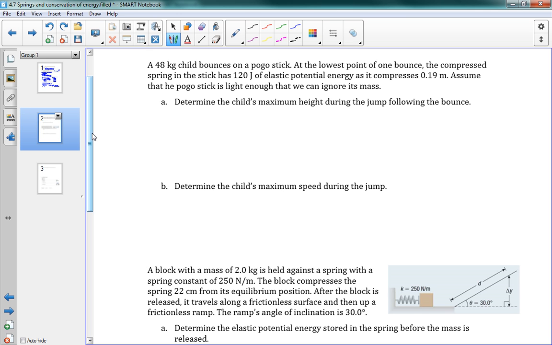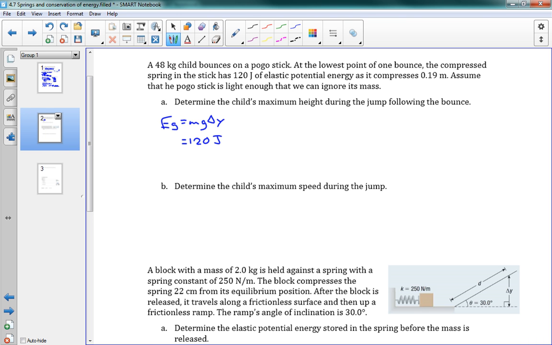So this is where the child is going to fully convert that elastic potential energy into gravitational potential energy. And that's simple enough. We start out with 120 joules, and our Eg is equal to mg delta y. Good. And it's also equal to 120 joules.